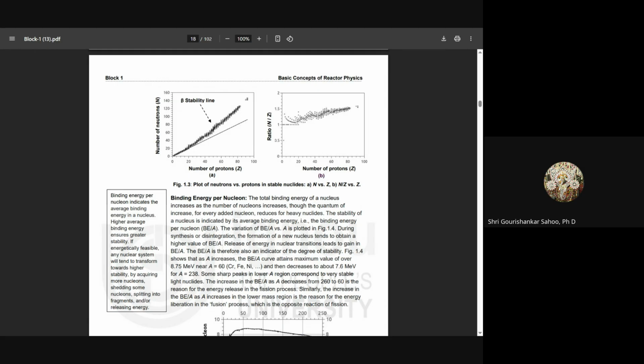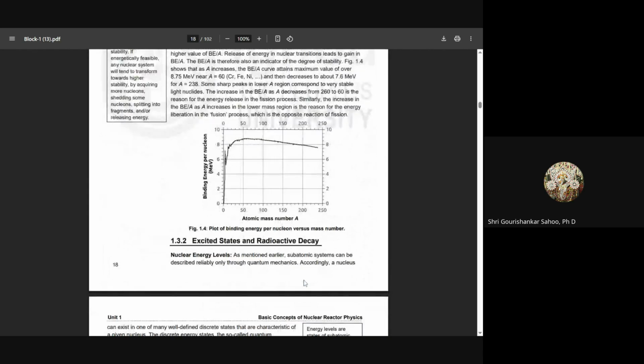The stability of a nucleus is indicated by its average binding energy, that is binding energy per nucleon, or B by A. The B by A graph is plotted in the curve, atomic mass number A versus binding energy per nucleon. You can see it increases sharply, and around 56 it peaks, that is the atomic mass of iron, which is the most stable nucleus.